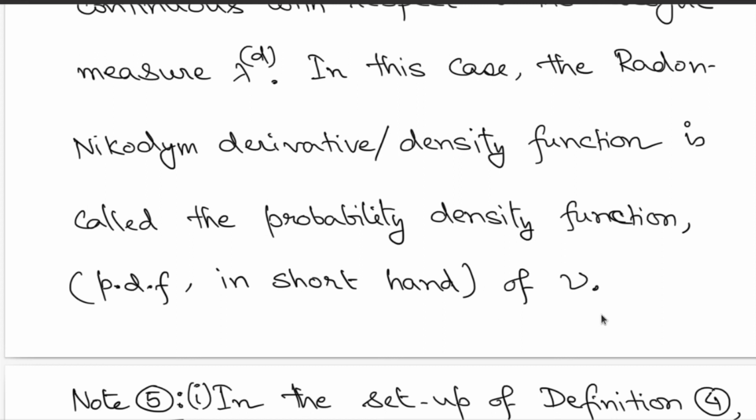So if nu is absolutely continuous with respect to the Lebesgue measure, you get the Radon-Nikodym derivative or density function, and that you are going to refer to as the probability density function. This gives you existence of the probability density functions for probability measures absolutely continuous with respect to the Lebesgue measure.